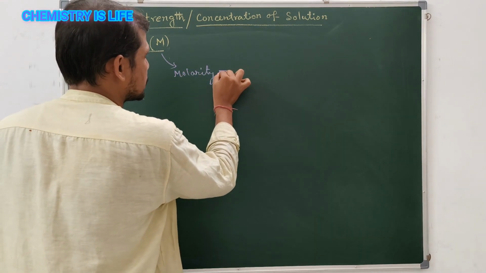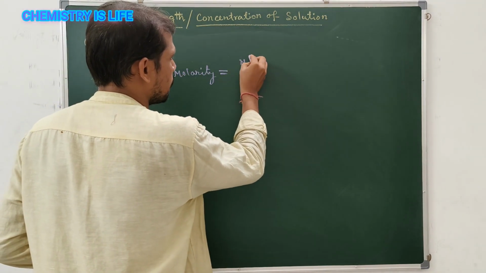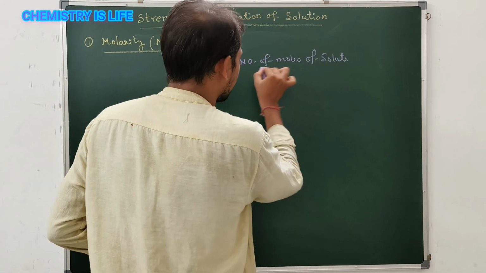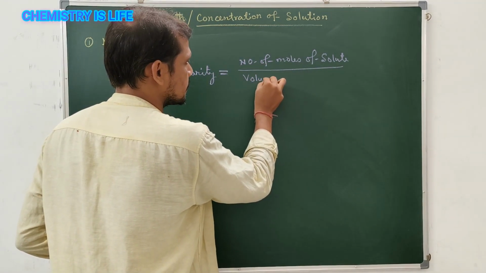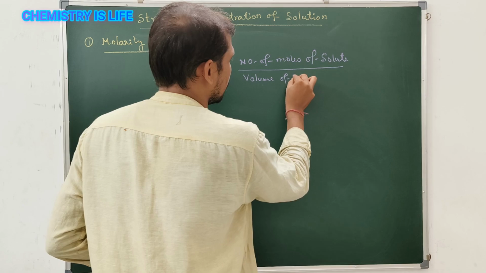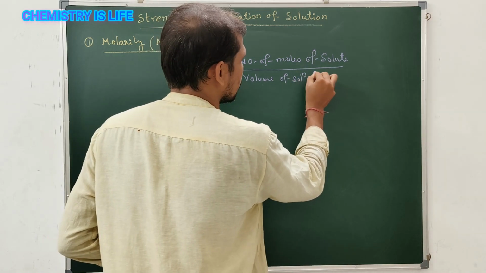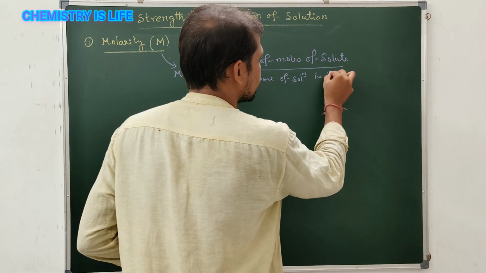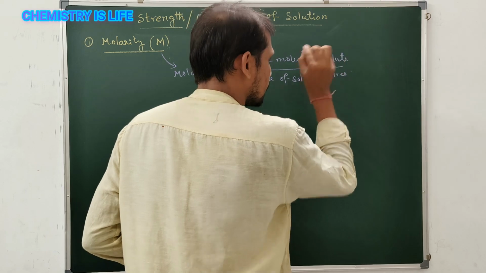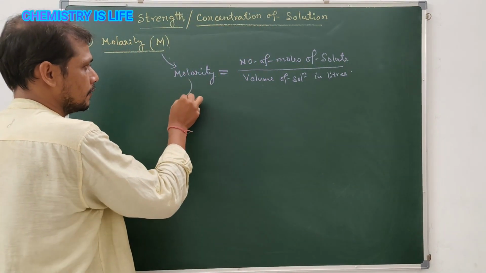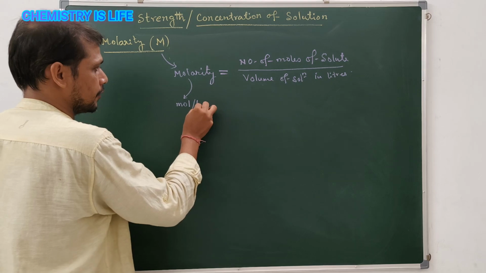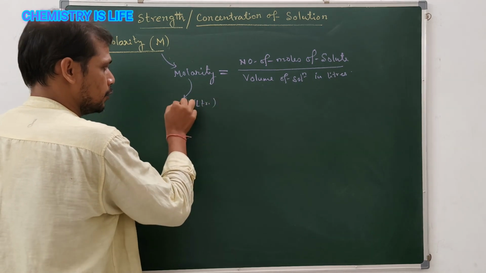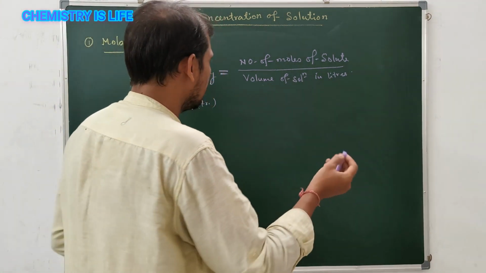Molarity equals number of moles of solute divided by volume of the solution in liters. That means it has a unit of mole per liter, the typical unit of concentration.